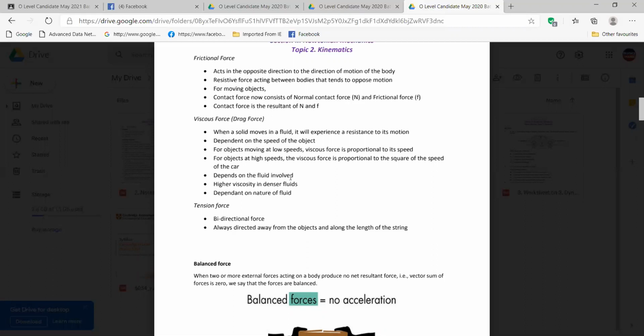Because it is denser. So here they say higher viscosity in denser fluids, dependent on the nature of the fluid. Tension is easy. It's just opposite to weight.